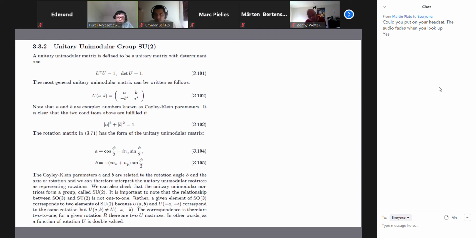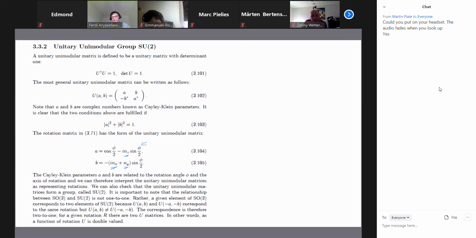It's a 2 by 2 matrix, and it acts on the 2-dimensional spin space, the up and down space. But at the same time, the parameters that define the matrices, the nx, ny, nz, and the phi, define a rotation in 3 dimensions, so in real space.